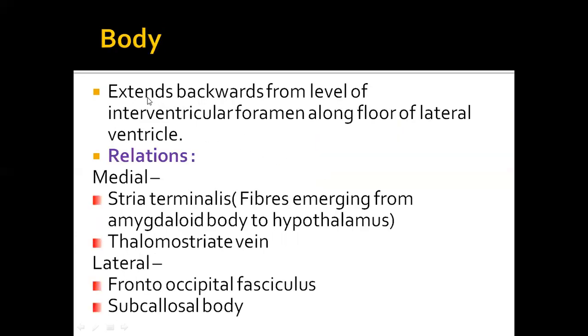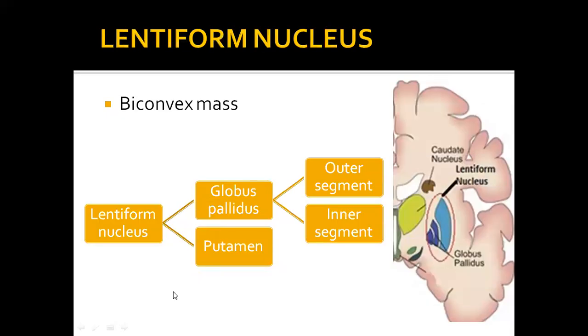Then the body extends backwards from the level of the interventricular foramen along the floor of the lateral ventricle. Medially, it is related to the stria terminalis, which are fibers emerging from the amygdaloid body to the hypothalamus. We have the thalamostriate vein laterally. The body of the caudate nucleus is related to the fronto-occipital fasciculus and the subcallosal bundle.